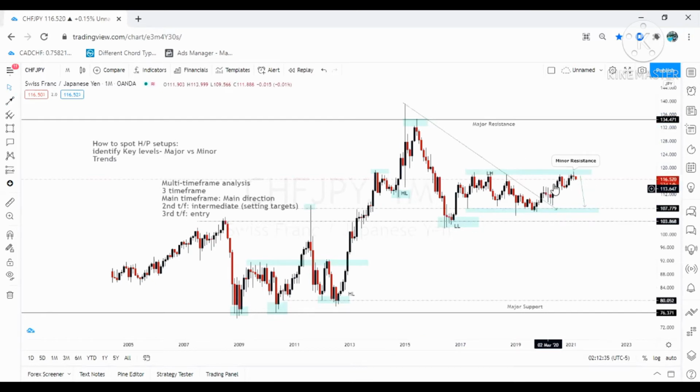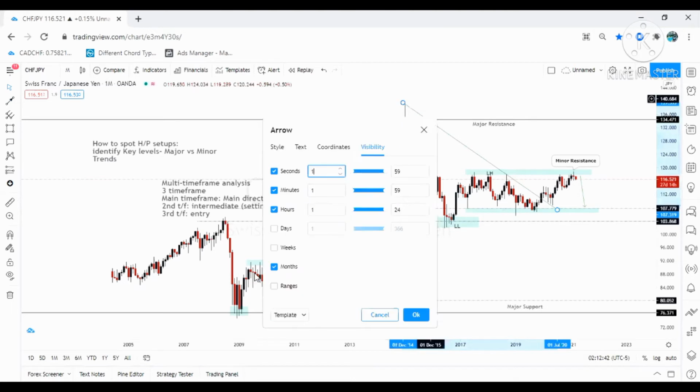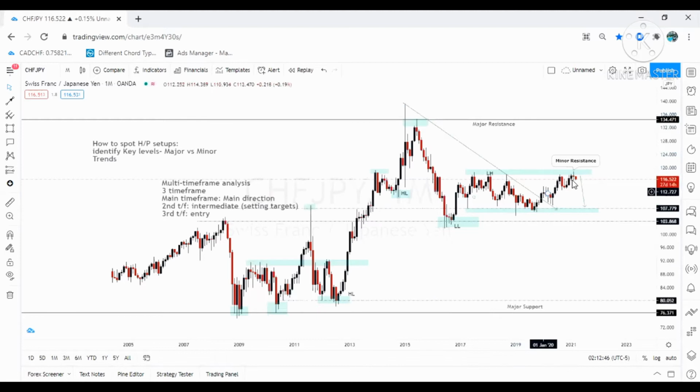So either the market is going to be too congested here, to a point where the buyers break through, or we're going to get sell confirmation and then retest this level.